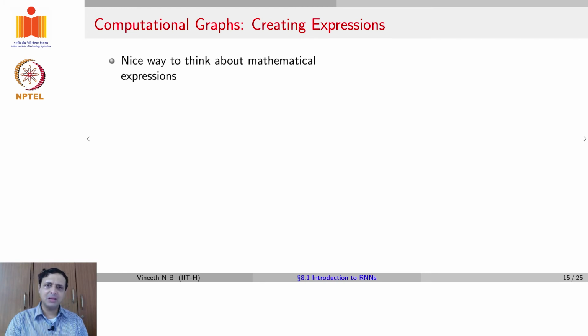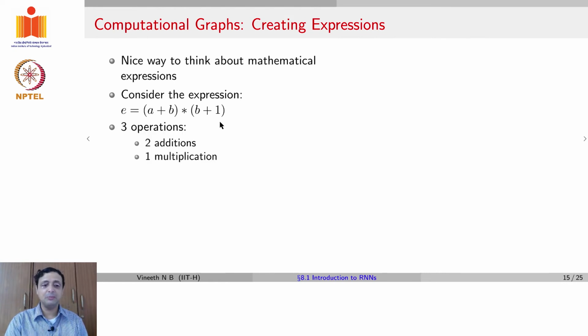Let's take a simple example before we talk about neural networks. Let's talk about how we can use computational graphs to create expressions and compute them. If you had the expression E = (A + B) * (B + 1), this is an arithmetic expression. There are 3 operations here, 2 additions and 1 multiplication.